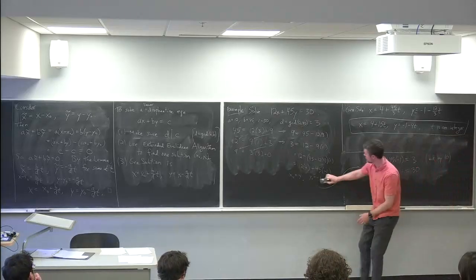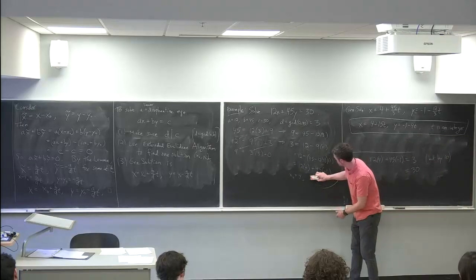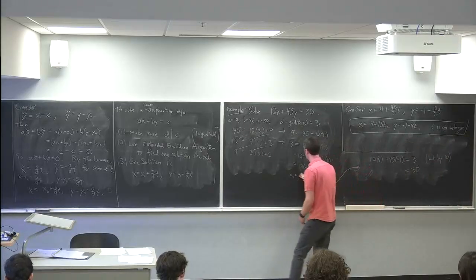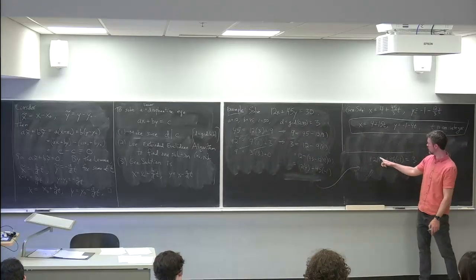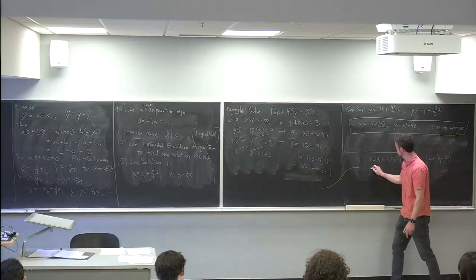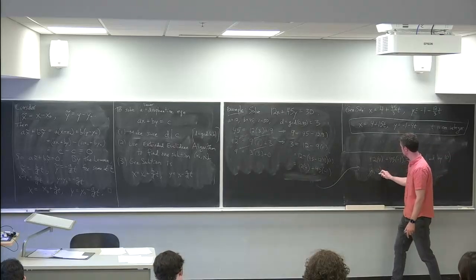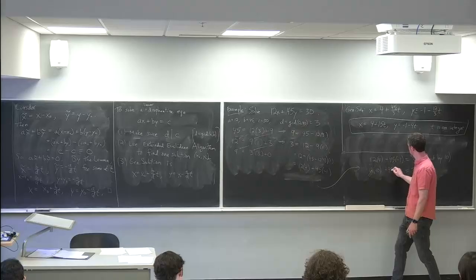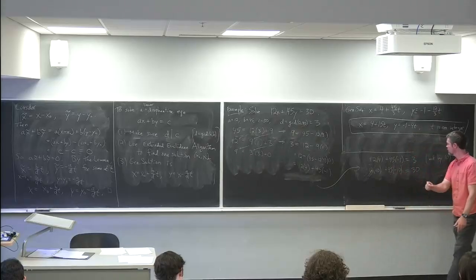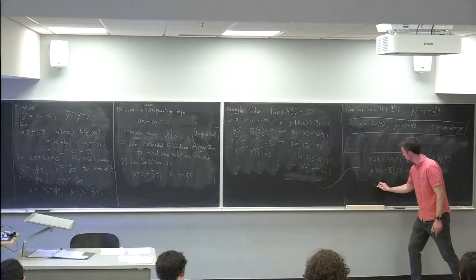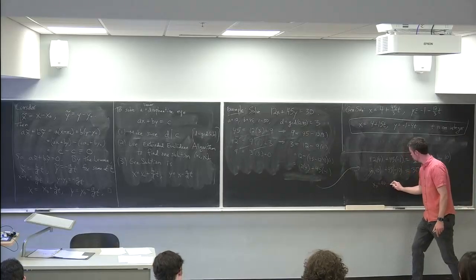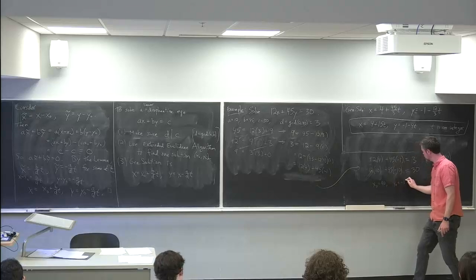let me not call these x naught, y naught. When you multiply both sides by 10, you want to absorb that into these coefficients. So you have 12 times 40 plus 45 times negative 10. That gives you 30. Sorry for this. The x naught is 40, and the y naught is negative 10.